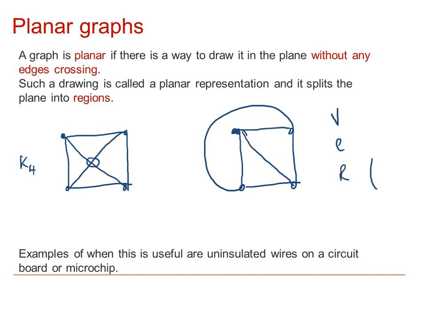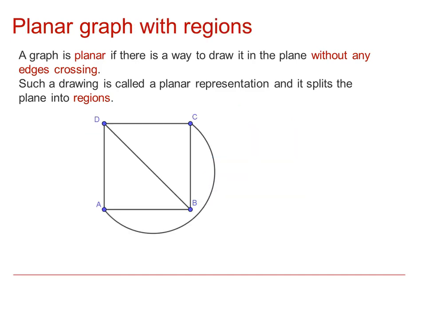So you may come across the idea that F is used for the regions, as they're called faces. So a planar graph then is one which is possible to draw on the paper, on the plane, without any edges crossing.